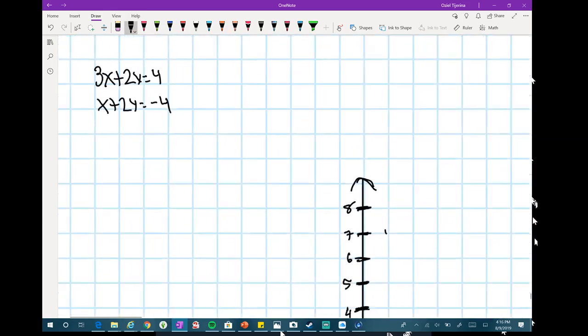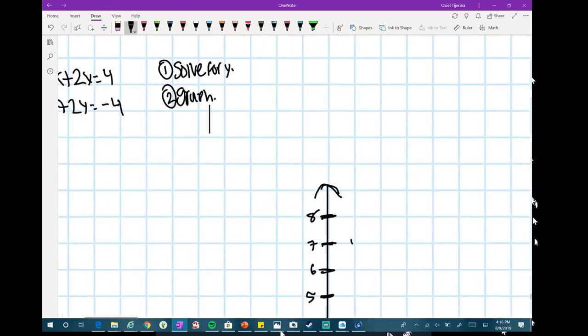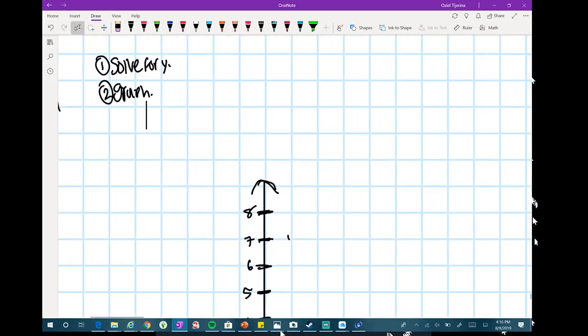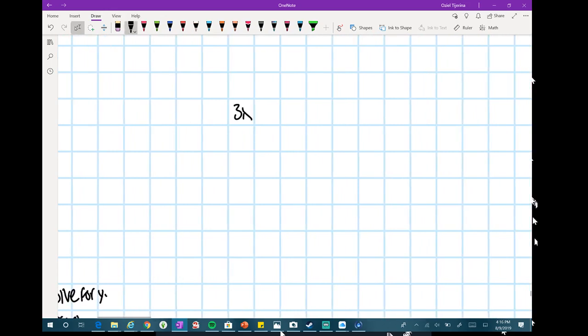We have 3x plus 2y equals 4, and x plus 2y equals negative 4. So what you do again is solve for y, and then you graph. So you have 3x plus 2y equals 4.